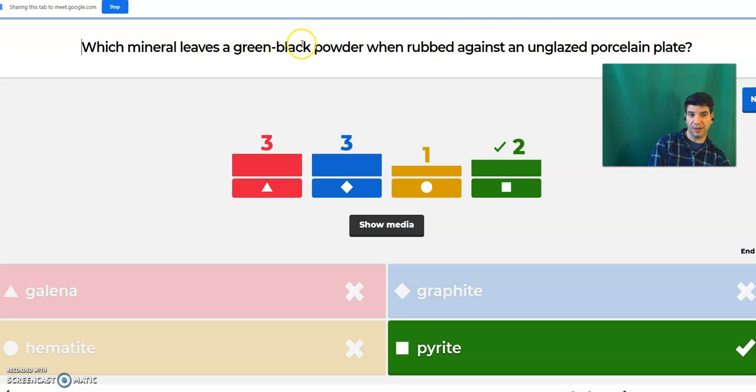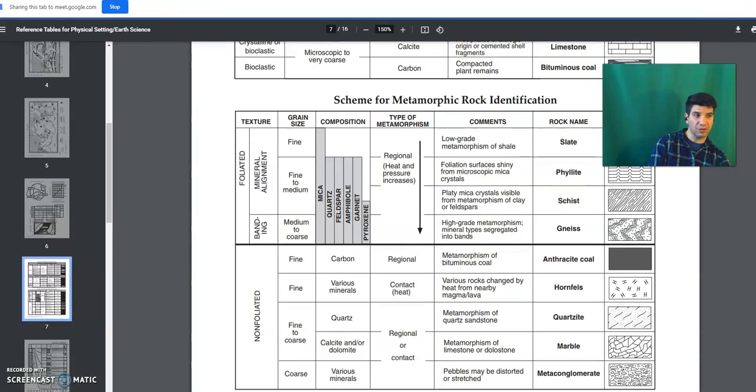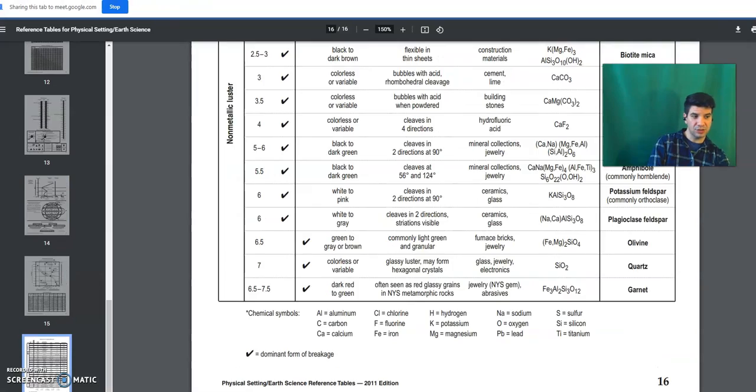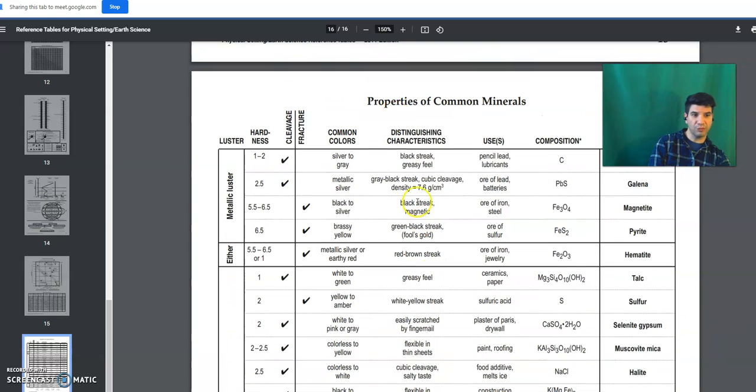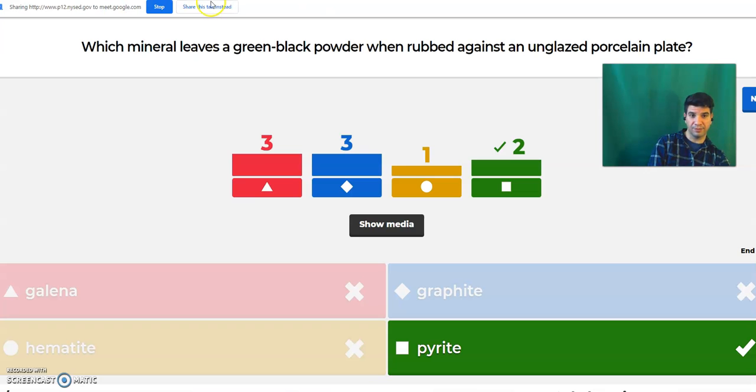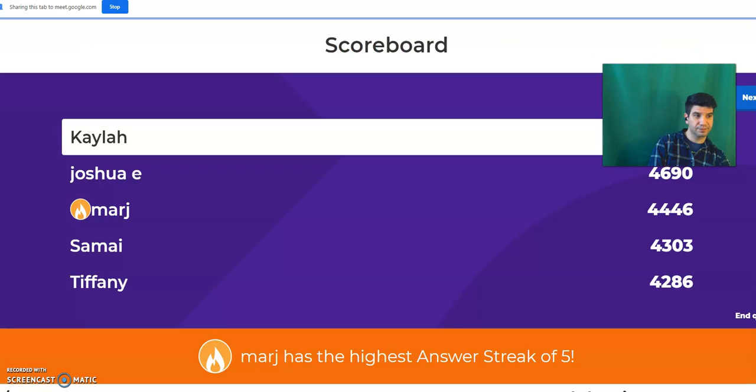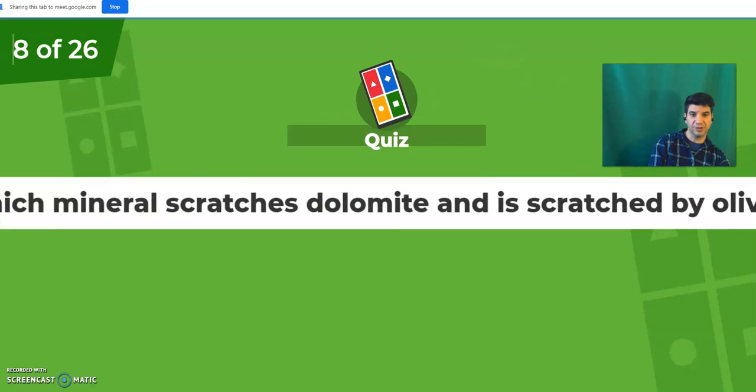Basically what we're talking about is, what is the streak? It's a green-black streak. So we're going to go to the ESRT back page, and we're going to go through distinguishing characteristics and find where it says green-black streak. Green-black streak, fool's gold, the answer would be pyrite. Gotta read the chart, guys.